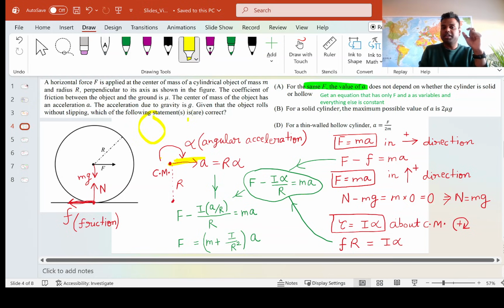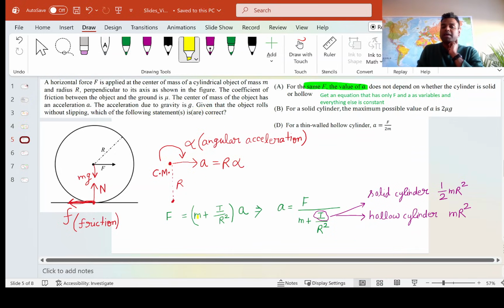So mathematically, think about whether you can get an equation that has only F and A as variables and everything else is constant, then you can verify if that is true or not. So from equation 1, F minus friction equal to ma, and friction you can write as I alpha by R, and alpha you can write as A by R, so you get this equation, F equal to (m plus I by R square) A.